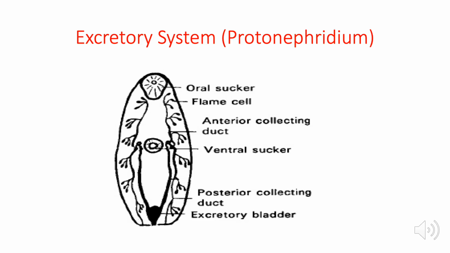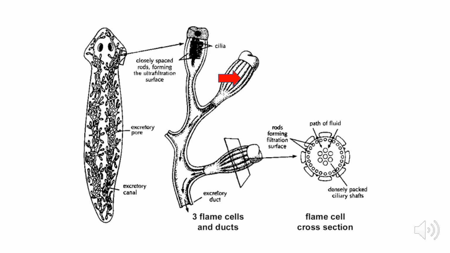And the anterior and posterior collecting ducts will drain towards the excretory bladder, and that is the urinary bladder in humans. These are the flame cells of the fluke or trematodes, and they will drain the waste products towards the collecting ducts, and these collecting ducts will later drain into the excretory bladder.